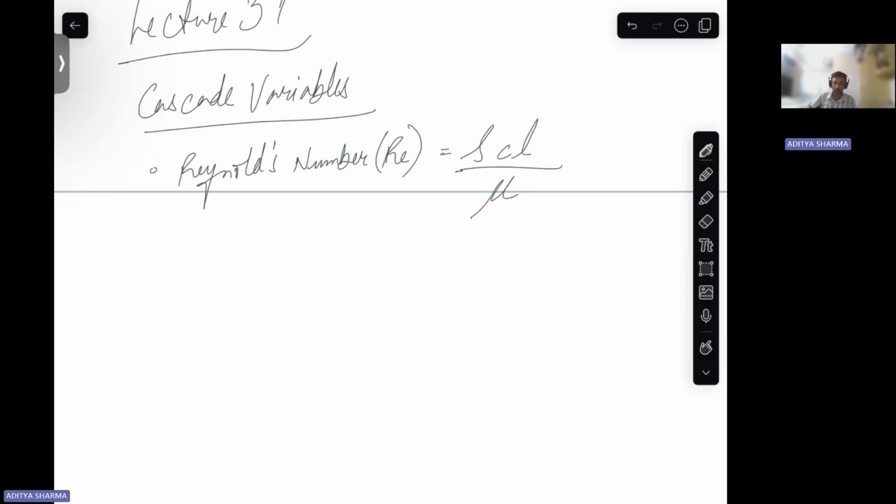And then in the denominator, you have viscosity. Then is Mach number.